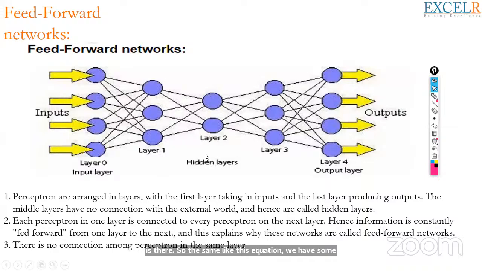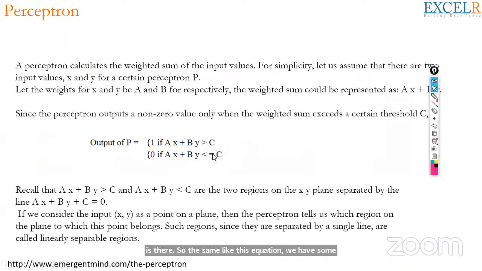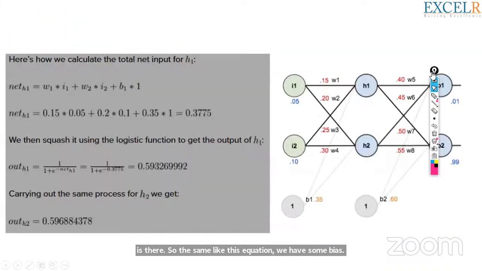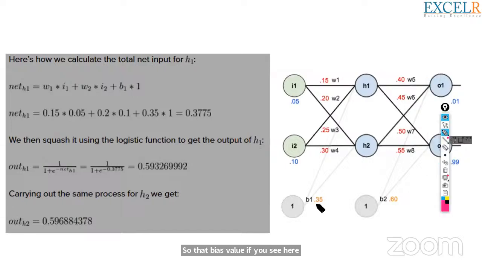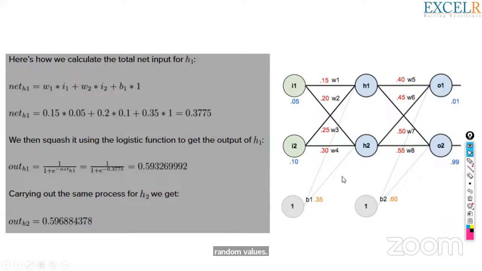Okay. So that bias value, if you see here, we have a bias value of 0.35 for these two nodes, 0.60 for these two nodes. Right? So these are some random values. Exactly connections.